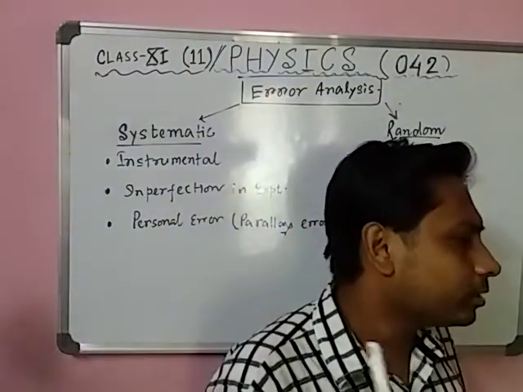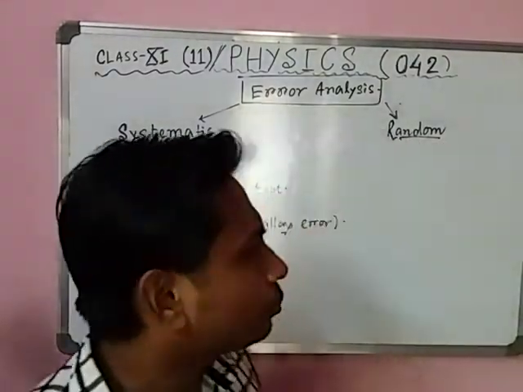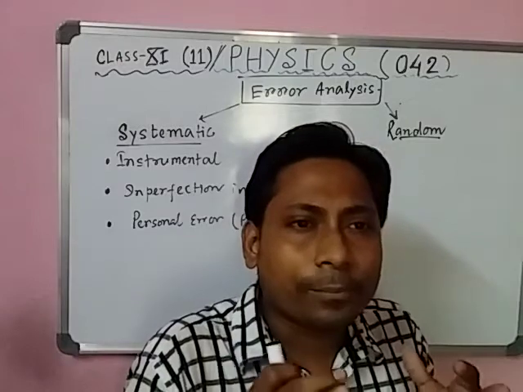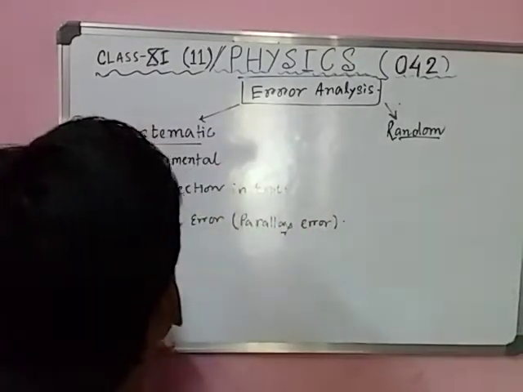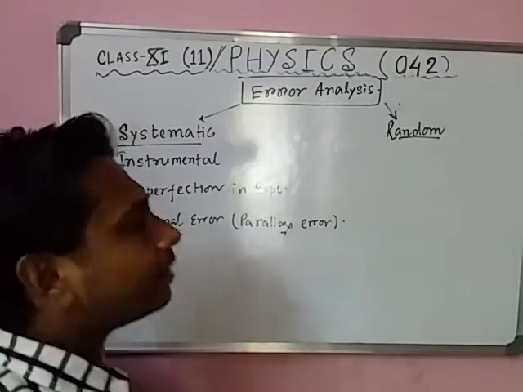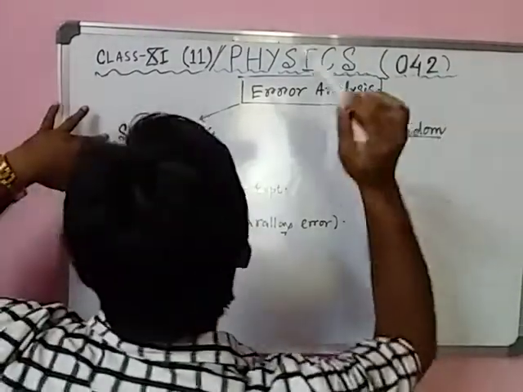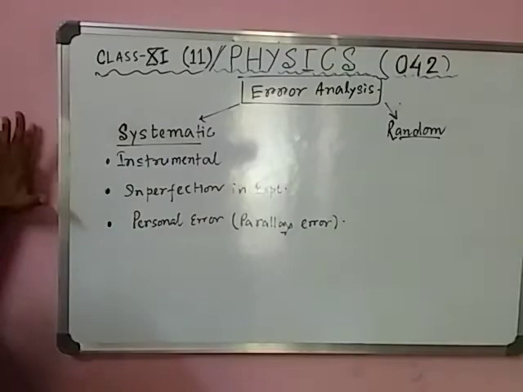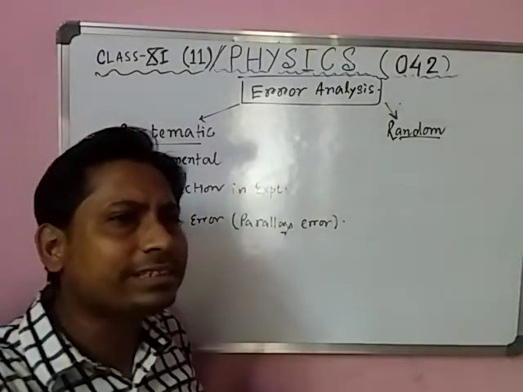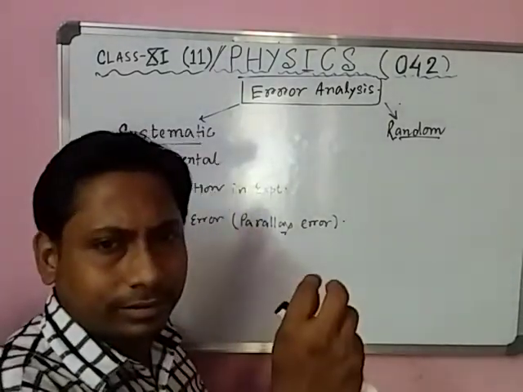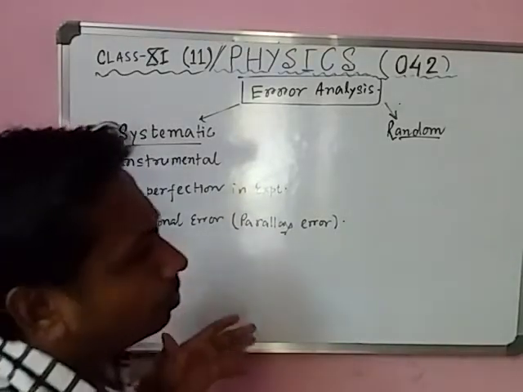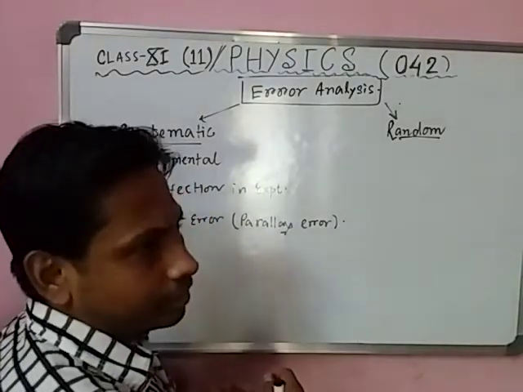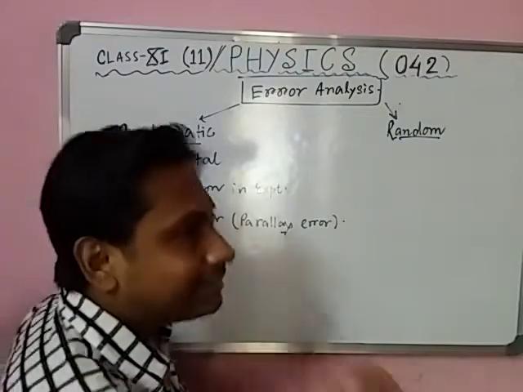Before going to this chapter, first of all, we have to know that you can broadly classify these errors into two parts. Number one, systematic error, and number two, random error. Systematic error means there is a certain pattern in the errors, and you know how to remove it, the remedial steps.